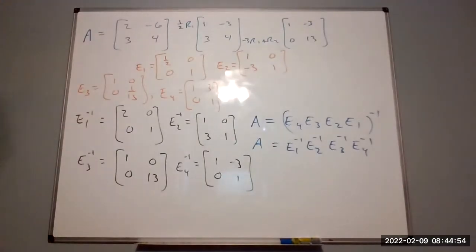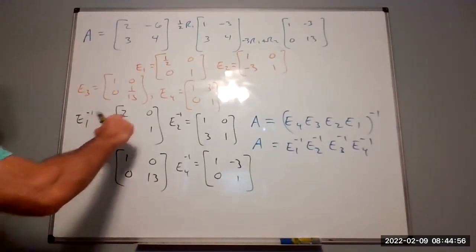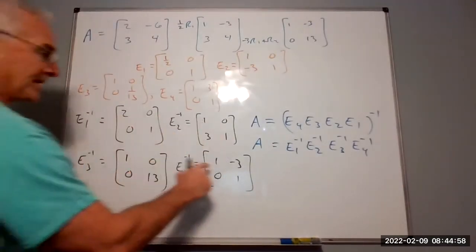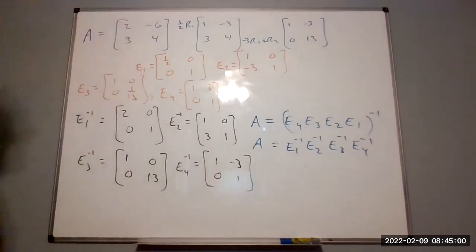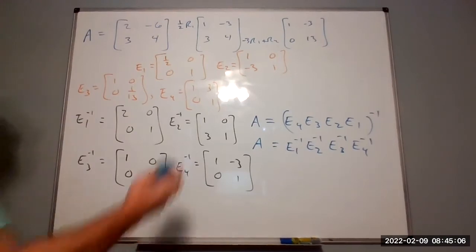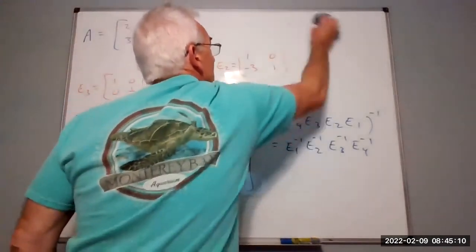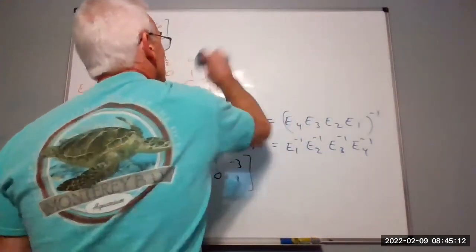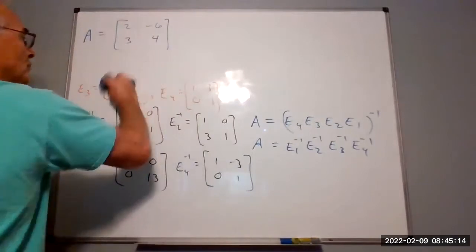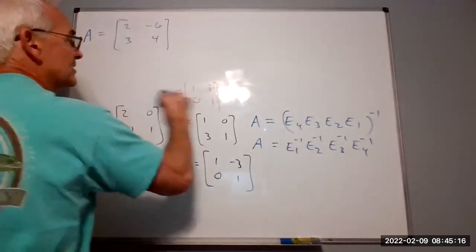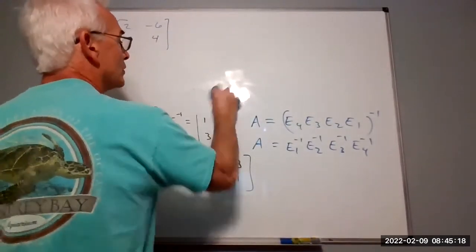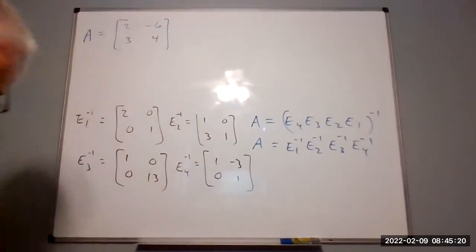So here's my grand claim that this times this times this times this is going to give me my original matrix A. So let's just do it. I'll write it up high because I no longer need this stuff. I had to find the original elementary matrices in order to find all of the inverses of the original elementary matrices.